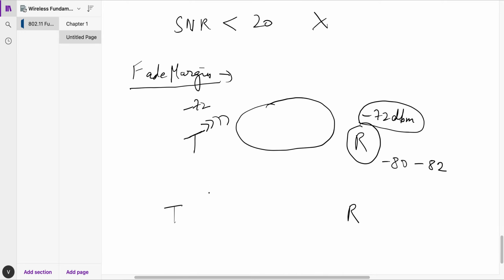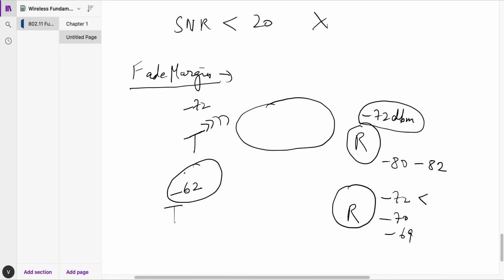So I will not transmit the signal at minus 72. I will transmit the signal at least minus 62 or more, so that the receiver can receive the signal at minus 72 or better, let's say minus 70 or minus 69, for it to be able to comprehend that well. Now, this extra 10 dB of cushion that we took is called my fade margin.